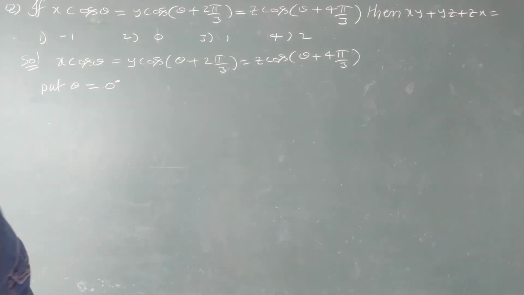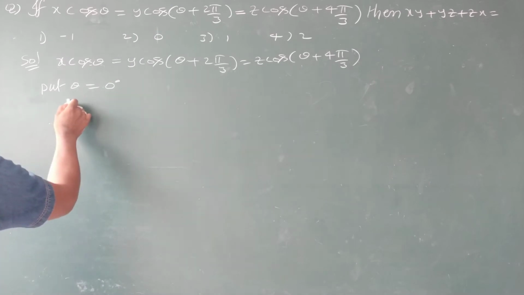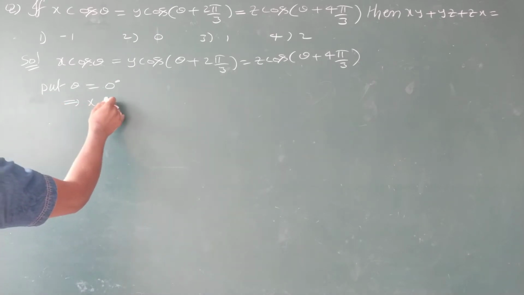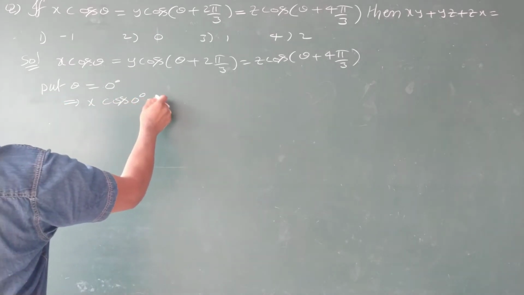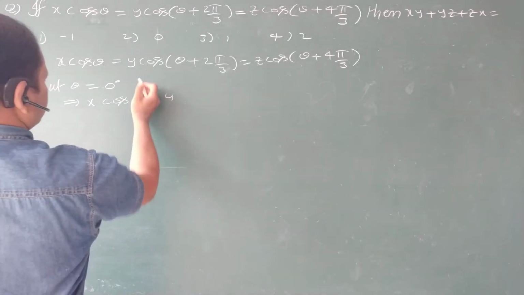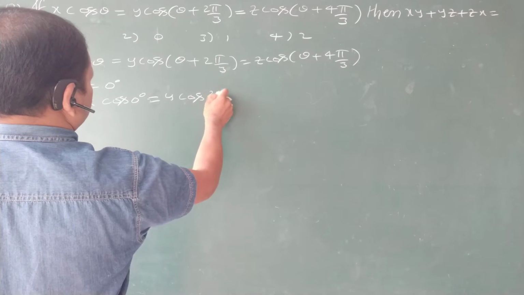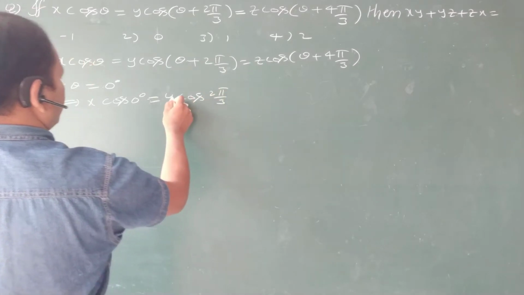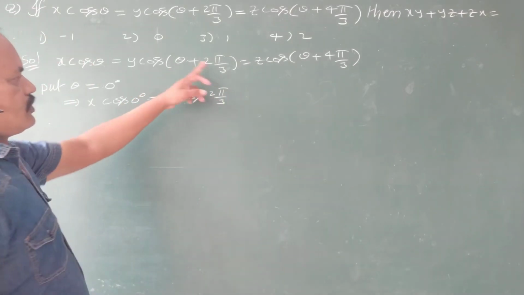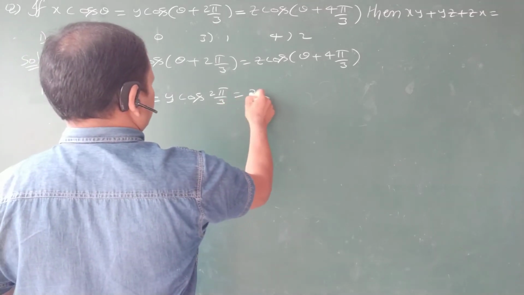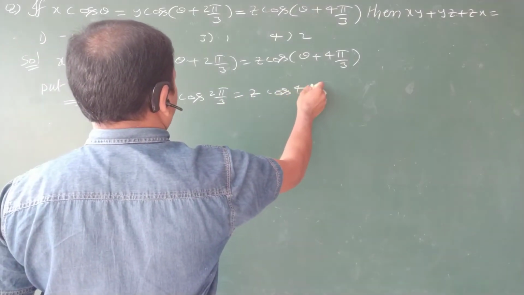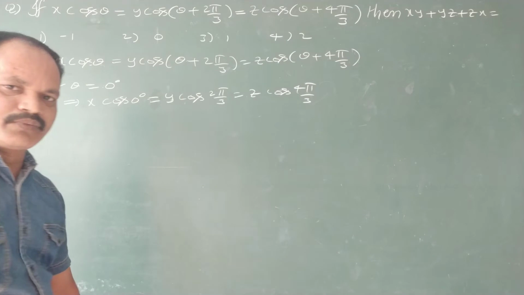Then it gives x cos 0 is equal to y cos (0 plus 2 pi by 3), where 2 pi by 3 is nothing but 120 degrees, is equal to z cos (0 plus 4 pi by 3).